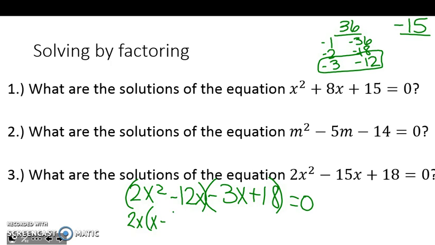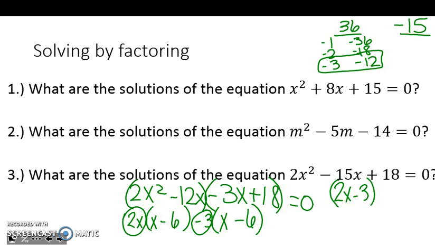I get x minus 6. And then I would have to pull out a negative 3 to get x minus 6. So then these become one binomial, so 2x minus 3 and x minus 6 equals 0.